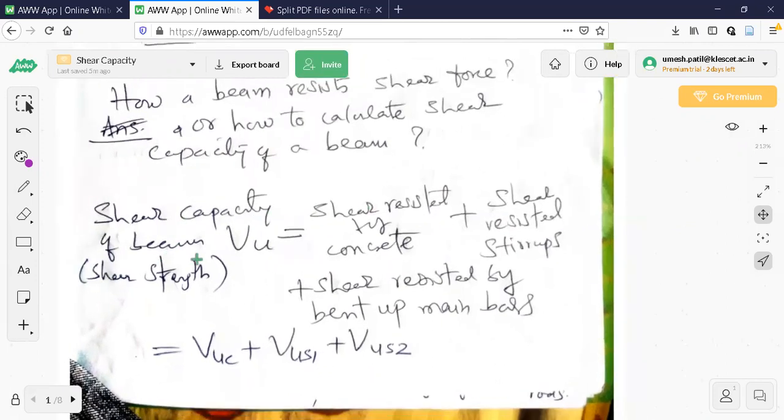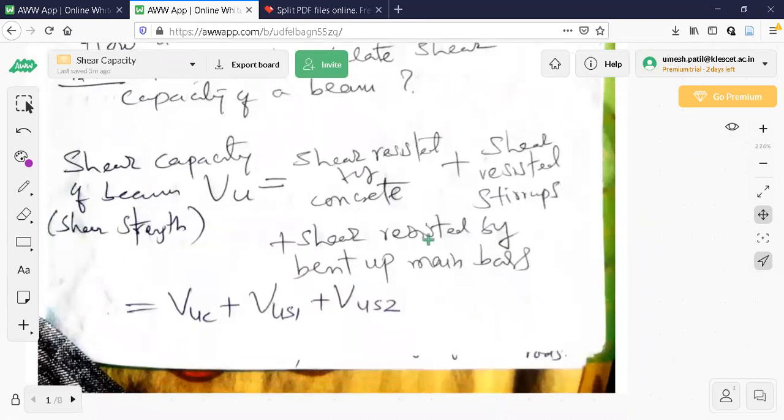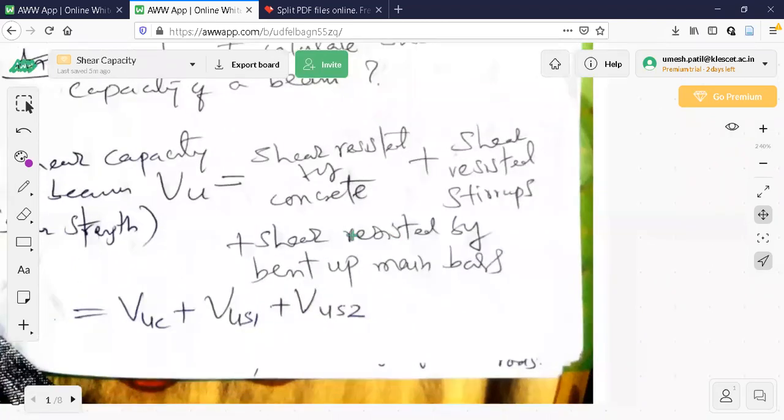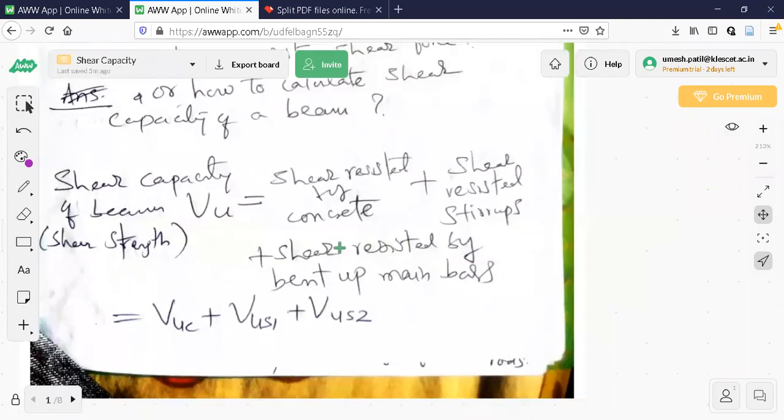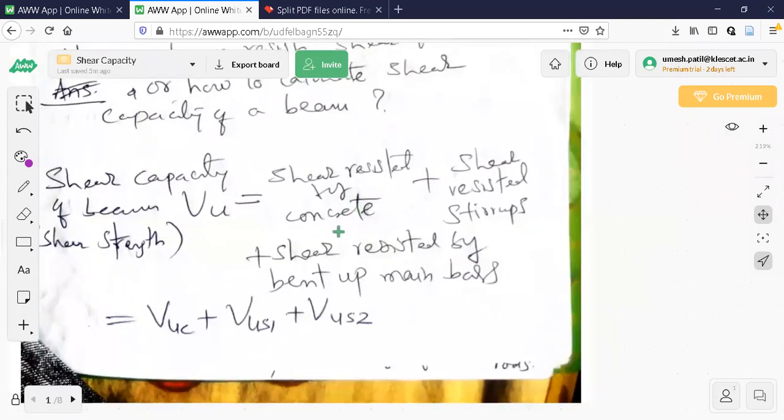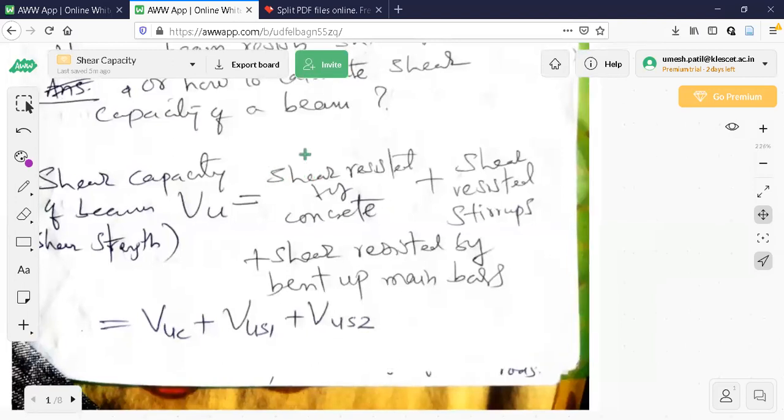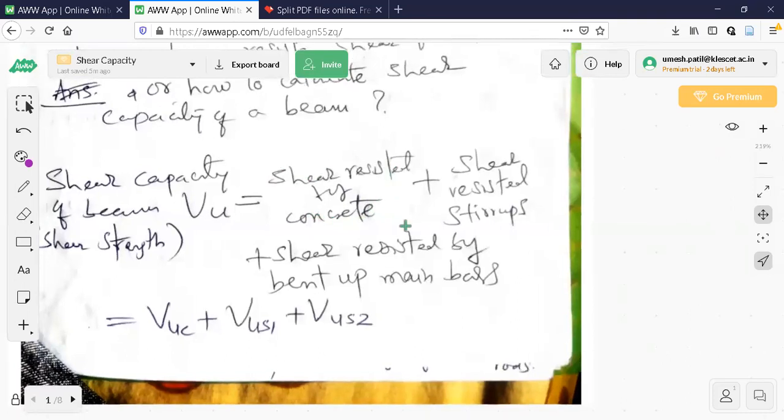Now, the shear capacity of a beam is the sum of three parameters. First, shear resisted by concrete. What it means is, if I do not provide any steel rods inside the concrete, it is pure concrete only. Even then it will have some small amount of shear resistance. That has to be calculated.